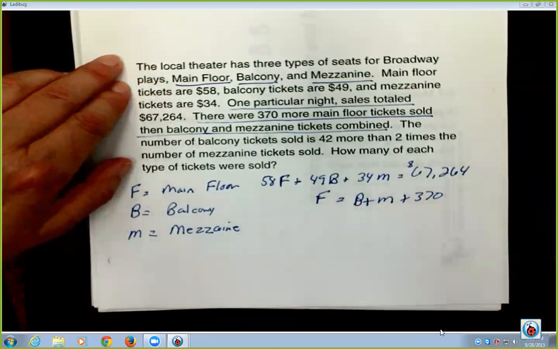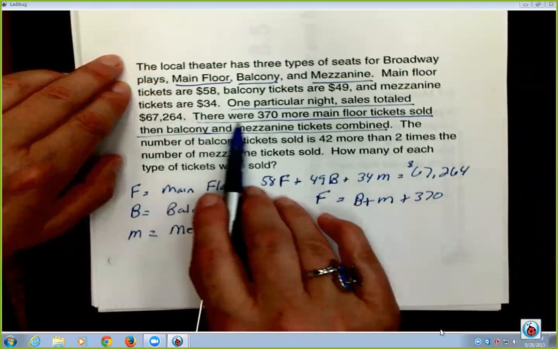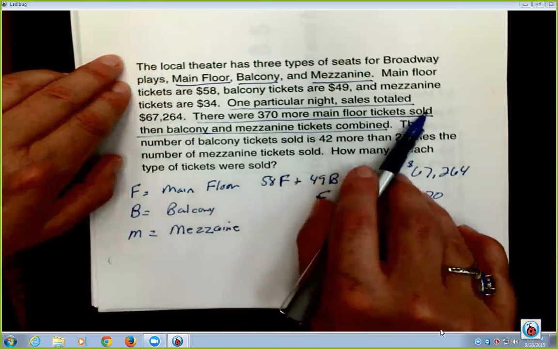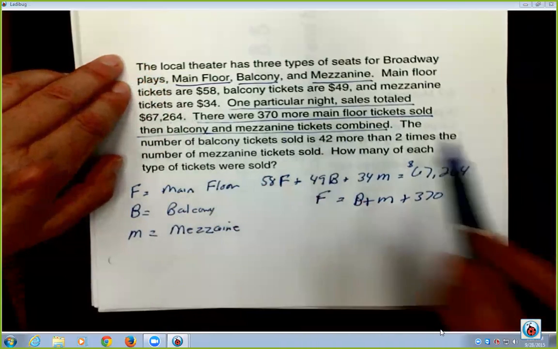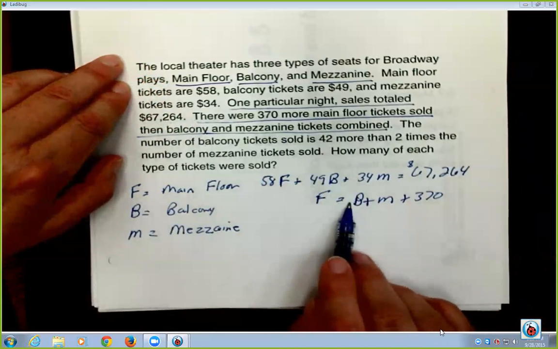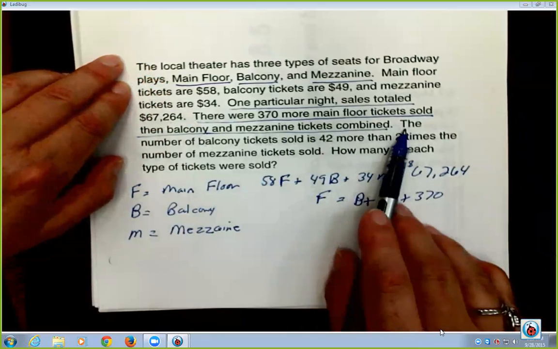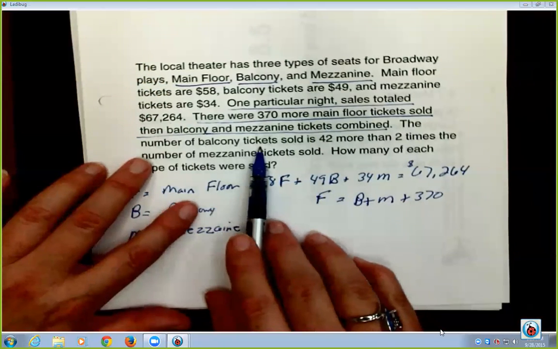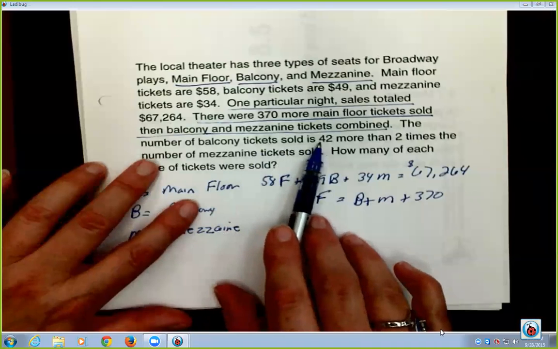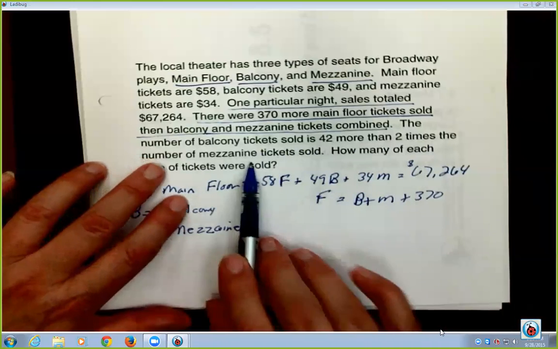We good with that? Yes or no? Because it said there were 370 more main floor tickets sold than balcony and mezzanine combined. So balcony and mezzanine combined plus the 370 is going to equal my main floor. We good? Okay. Then if I read on, it says the number of balcony tickets sold is 42 more than 2 times the mezzanine.